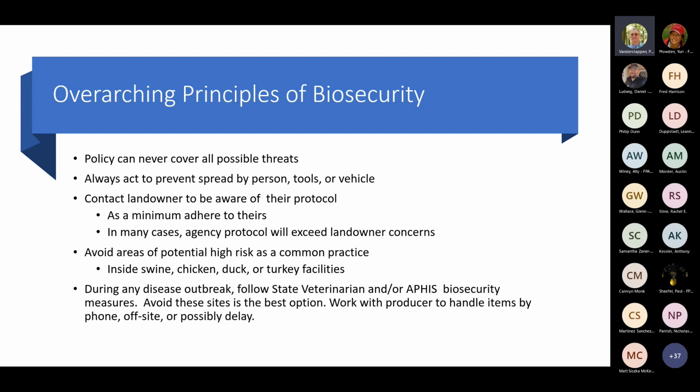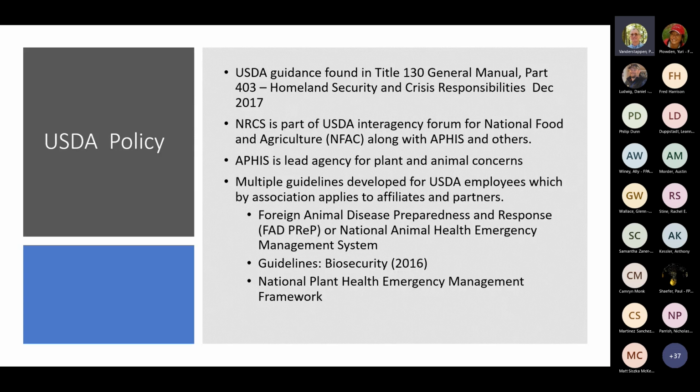So if you have a producer that's in an actual biosecurity situation where his flock is getting put down, he may not be worried about his conservation plan today or tomorrow, or getting his new manure storage implemented. So you need to take consideration of that, but certainly we're not going to go out there and check on those things during those critical times for the landowner. So just keep that in mind, and we'll talk about that later.